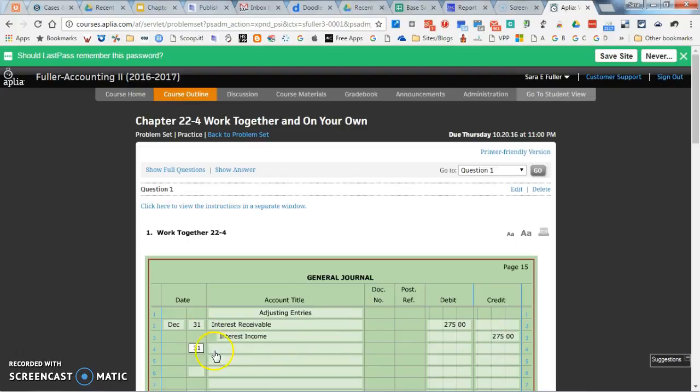Next line, our date's the 31st. We have uncollectible accounts expense and a debit of $7,350. And a credit of allowance for uncollectible accounts. So $7,350.